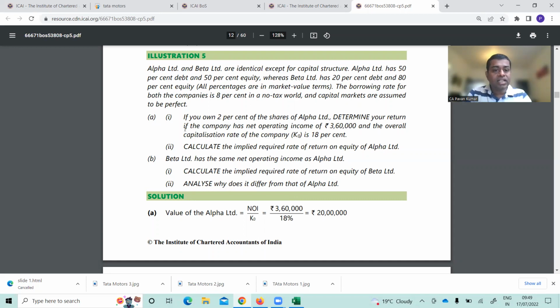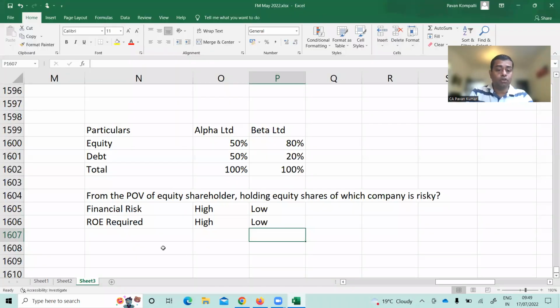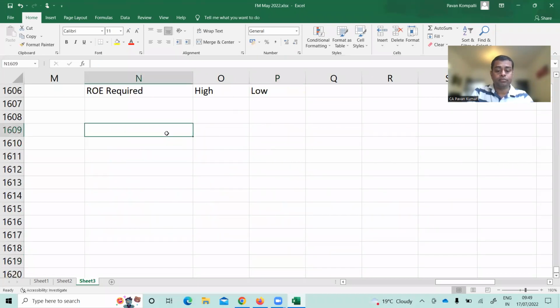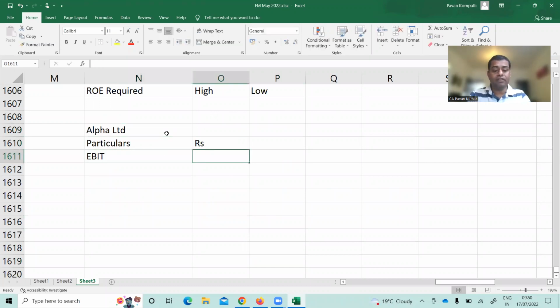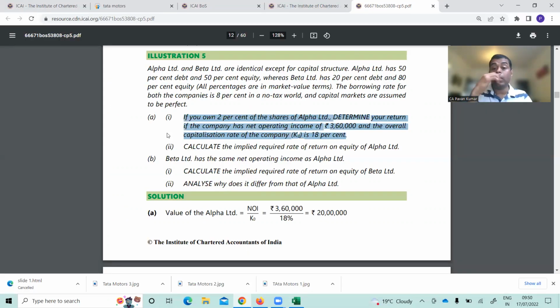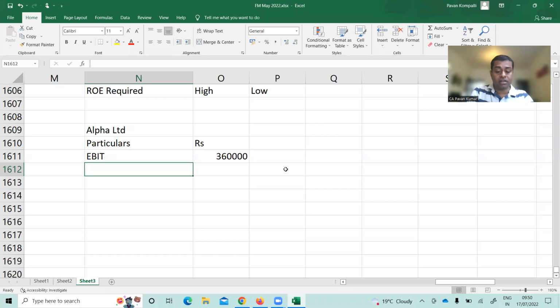So first, let us take the data from the question. 3,60,000 is the net operating income. We are putting the heading first for Alpha Limited. Particulars, rupees. EBIT: they have given EBIT as 3,60,000. And the overall capitalization rate of the company is 18%, so KO is given as 18%.